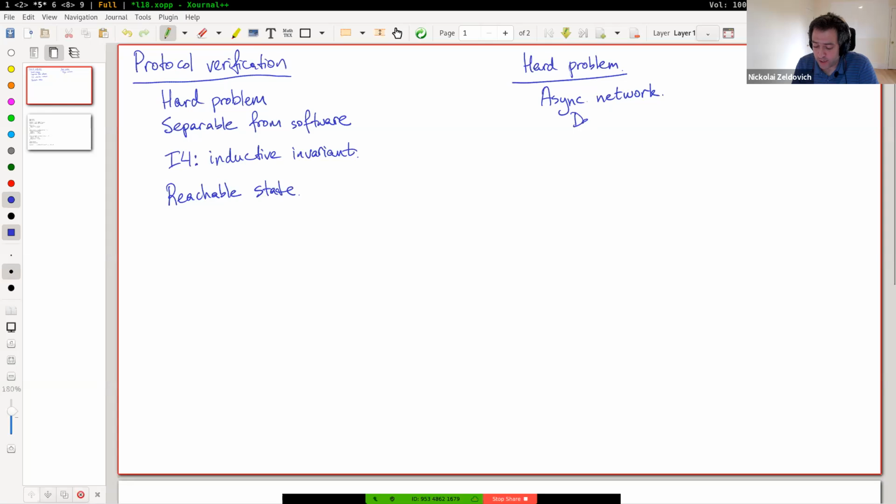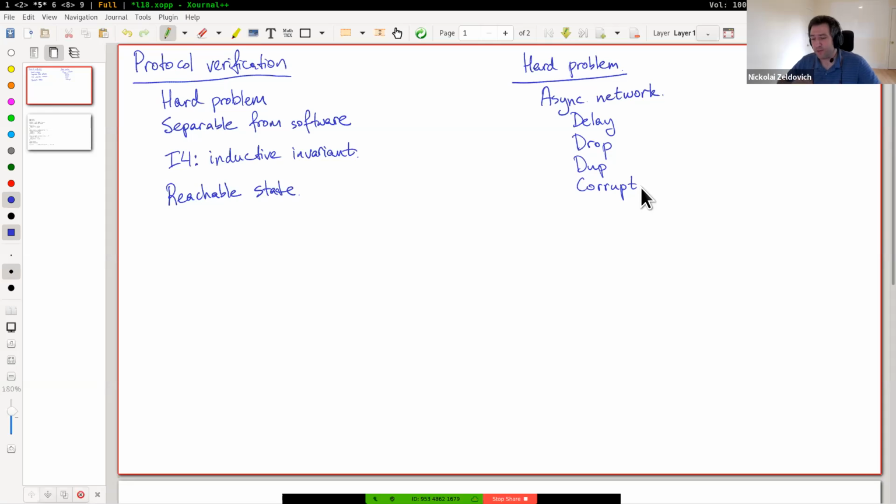So your network might actually delay messages or drop them or duplicate them or corrupt them. And these are all sort of undesirable actions that lead to the fact that your nodes that are participating in a distributed system might have very different views about what is going on, which messages have been received.